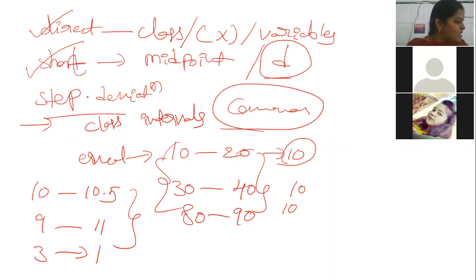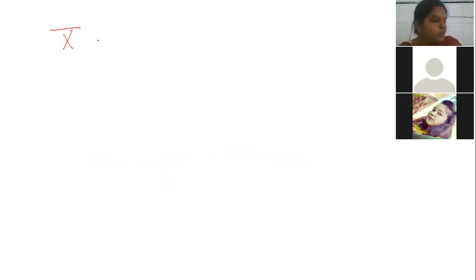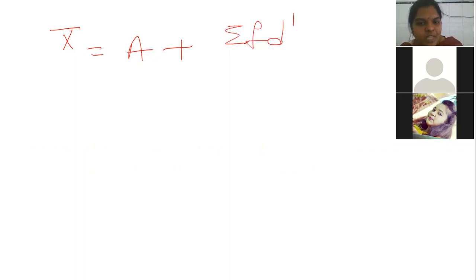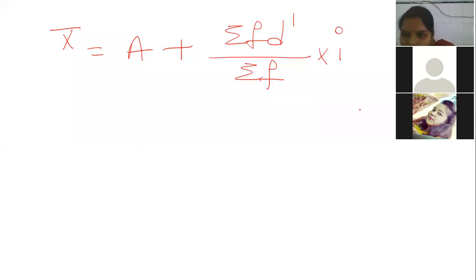In case of equal class intervals, one can further simplify the calculation by taking a common factor instead of the class interval. So just write down the formula for this. X bar, that is the arithmetic mean, is A plus sigma f of d dash divided by sigma f, which will be multiplied with i. This is small i, ma'am.